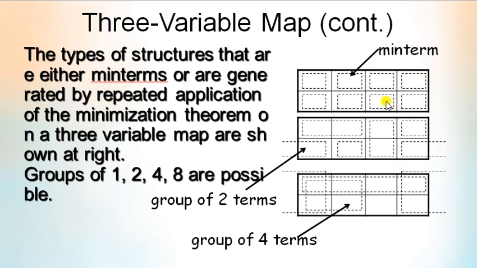Look at this figure. We can group 1 minterm like this, and we can group 2 terms like this, horizontally or vertically, and 2 ends like this. And we can group 4 terms as a square like this, or horizontally like this, and 2 ends.